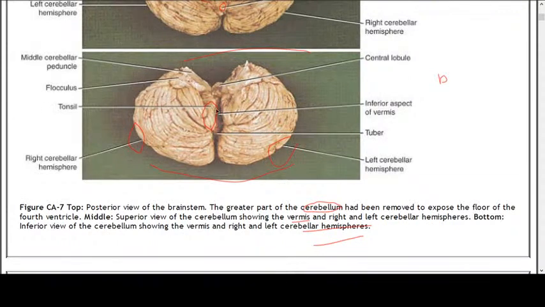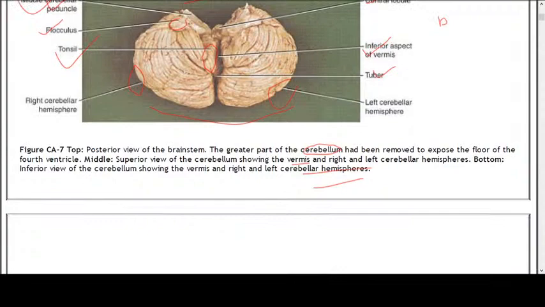Here it is present within the cerebellum. Flocculus. This structure right here is called flocculus. This is central lobe, inferior aspect of vermis. This one is tuber. Tonsil, middle cerebellar peduncle.